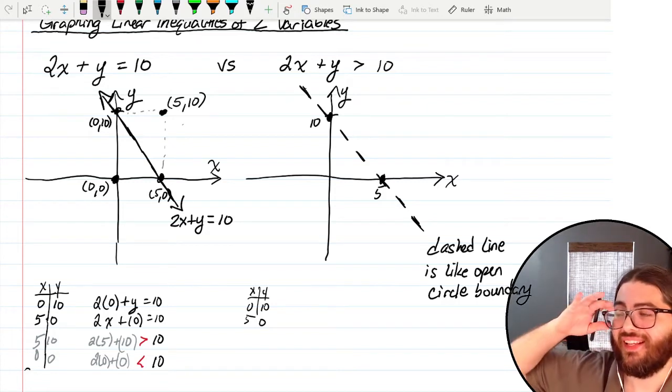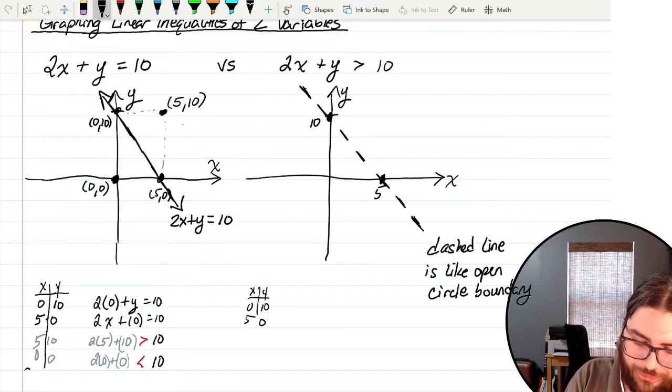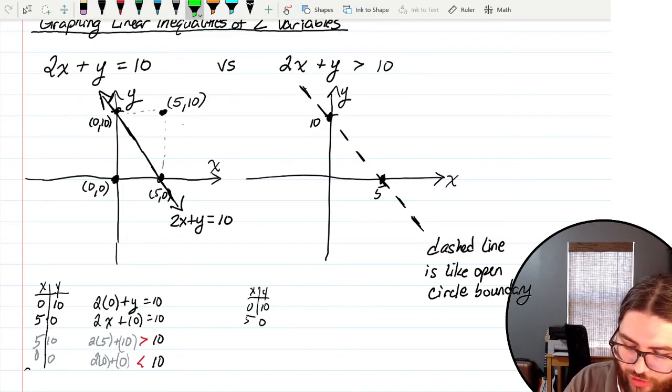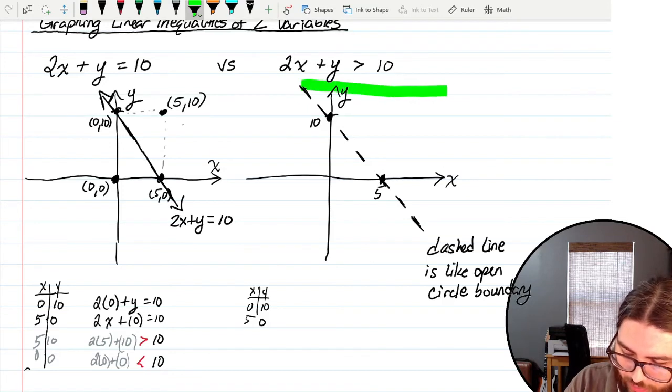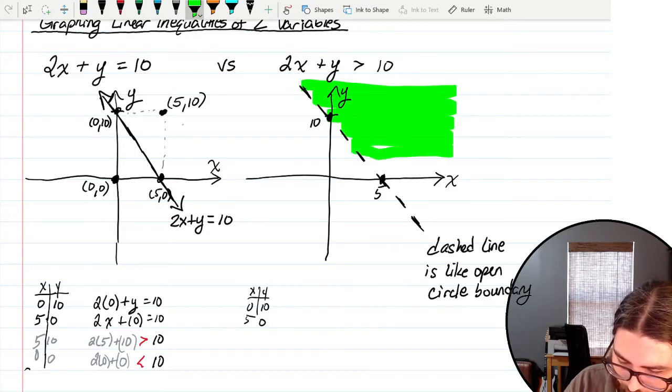That's okay. So the dashed line is like an open circle boundary. I need to know where that boundary is. And now I've already decided which side of my picture was the greater than side, so I'm going to shade everything on the greater than side. And unlike my number line, I'm not really able to put this in a more convenient form.